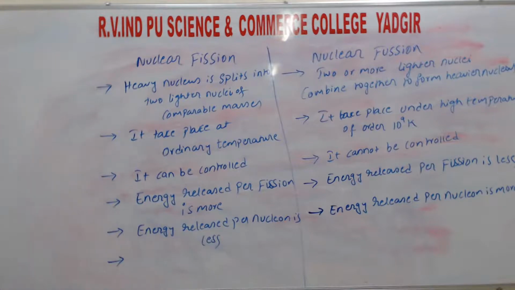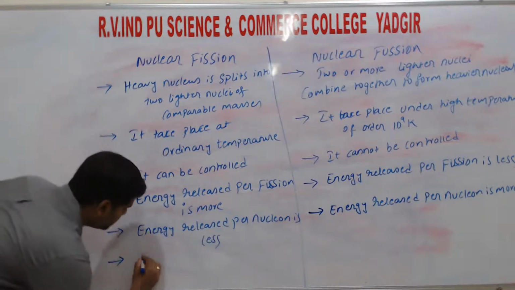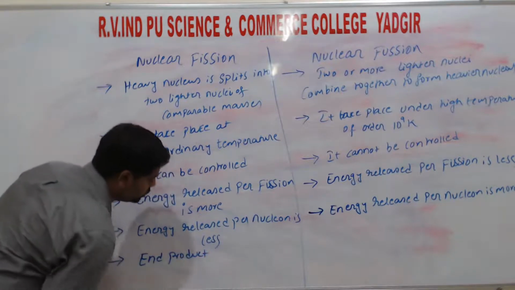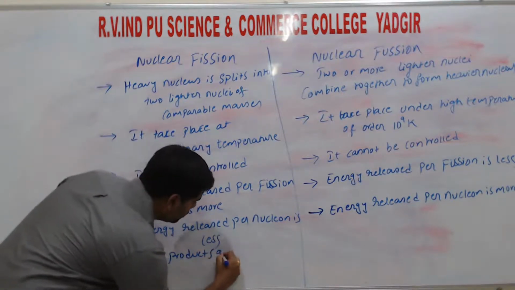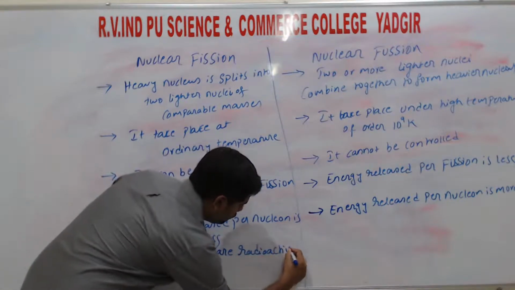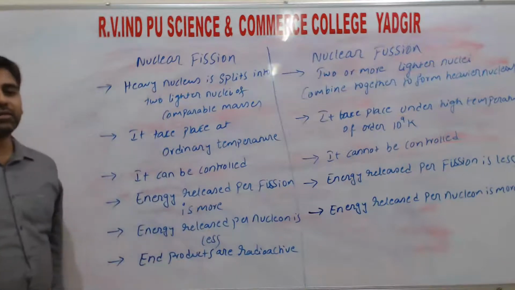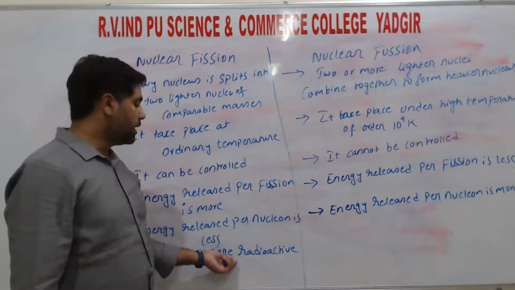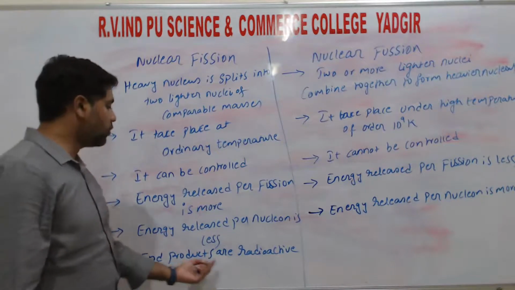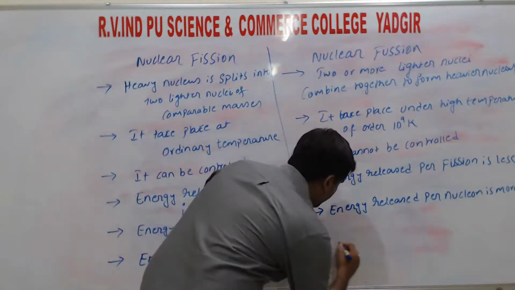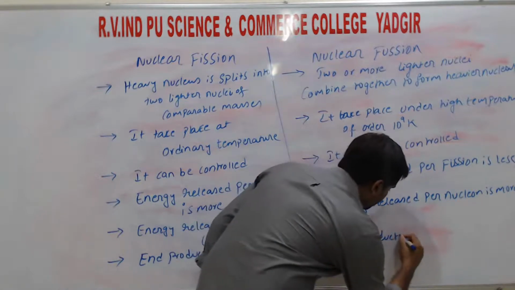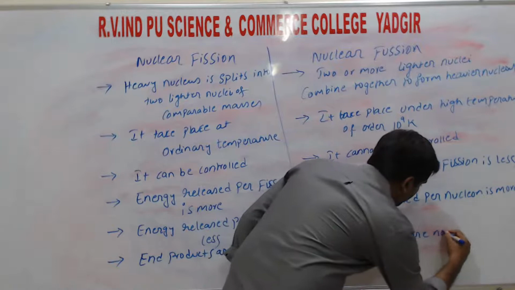And the last point is the end products. So in fission process, the end products are radioactive. So again it undergoes decays and again it releases the energy for stabilizing the nucleus, right? So the end products are radioactive. So here the end products are non-radioactive.